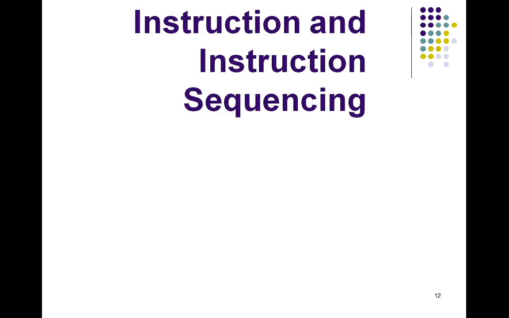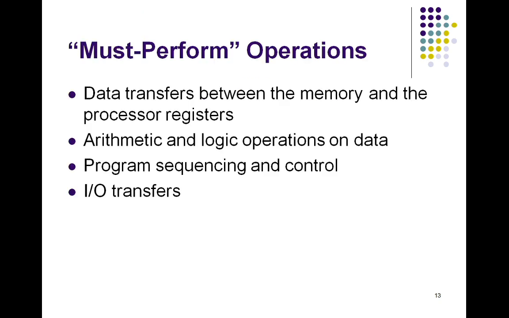Then the next important concept is instructions and instruction sequencing. The tasks carried out by a computer program consist of a sequence of small steps, such as adding two numbers, testing for a particular condition, reading a character from the keyboard, or sending a character to be displayed on the display screen or monitor.